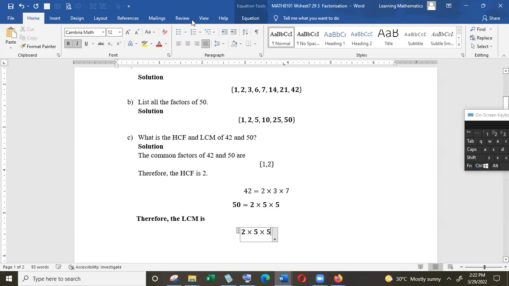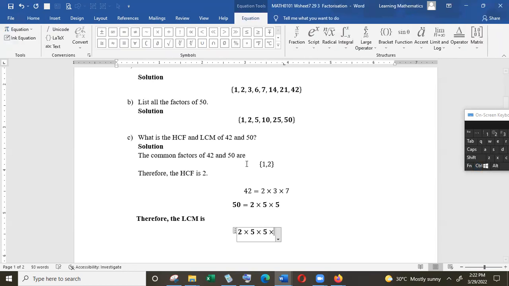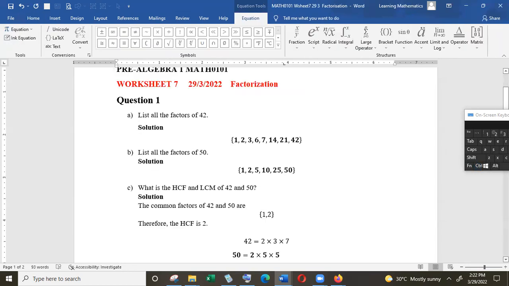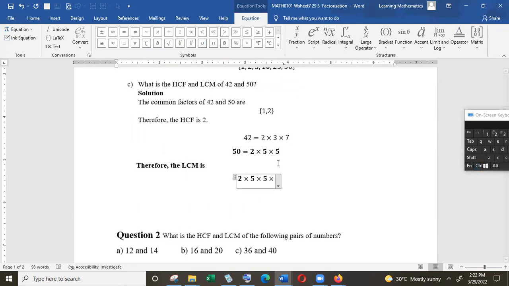Then you include what is missing so that you can get 42. Here we only have 50, and we have a 2 from 42. What we're missing is a 3 times 7. So the 3 times 7 is missing to get 42. So this has 50 in it and it also has 42 in it.